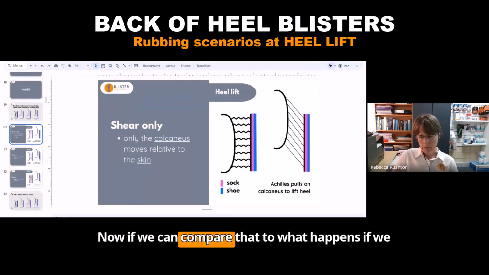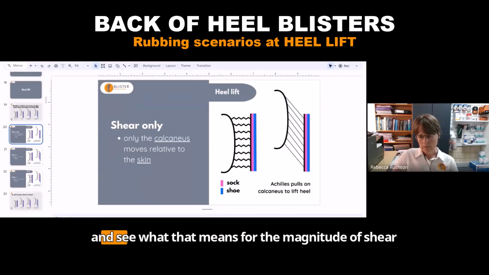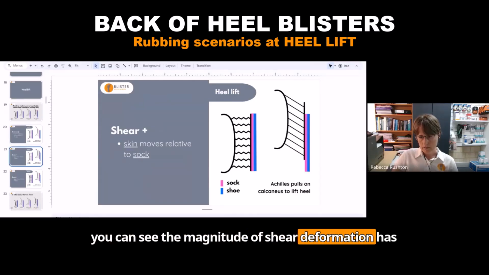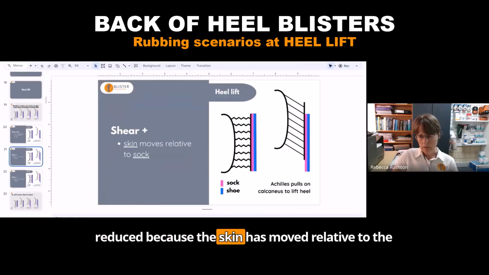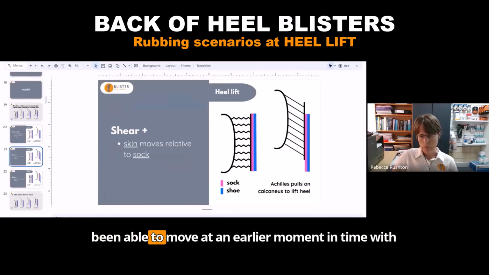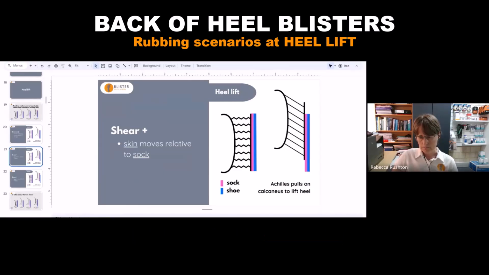Now, if we can compare that to what happens if we have slippage of the skin on the sock and see what that means for the magnitude of shear deformation, you can see the magnitude of shear deformation has reduced because the skin has moved relative to the sock. So as the bone has moved upwards, the skin has been able to move at an earlier moment in time with the bone movement, and therefore that reduces the magnitude of shear deformation.